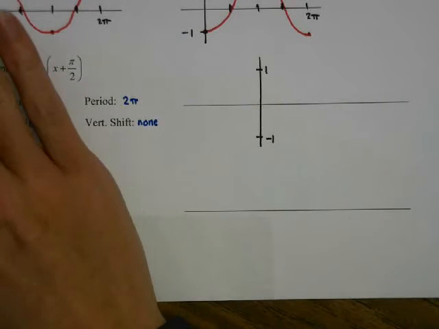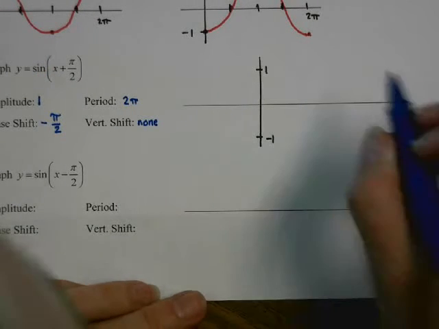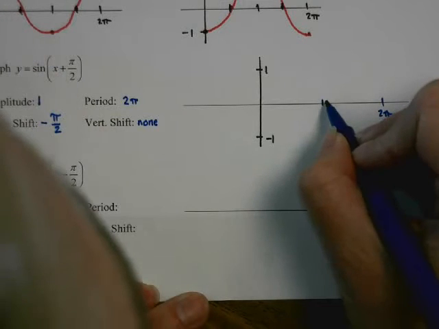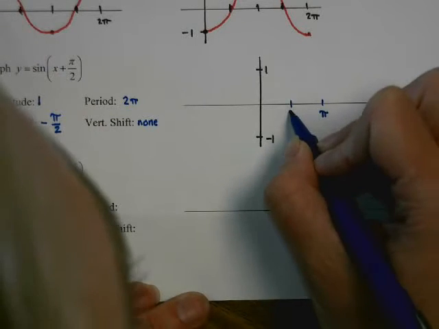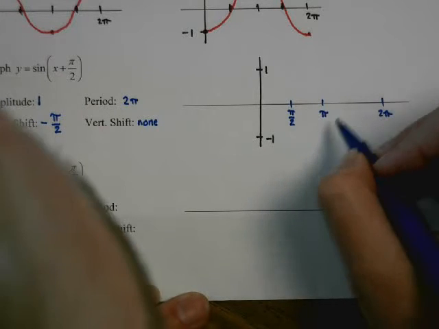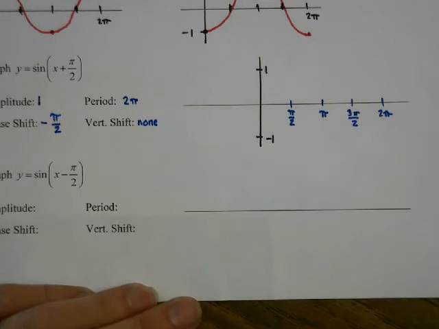I'm going to start, ignore the phase shift for just a minute. The period is 2 pi, so we're still going to go through 2 pi, cut that in half, cut that in half. So this is pi over 2, 2 pi over 2. This is 3 pi over 2.